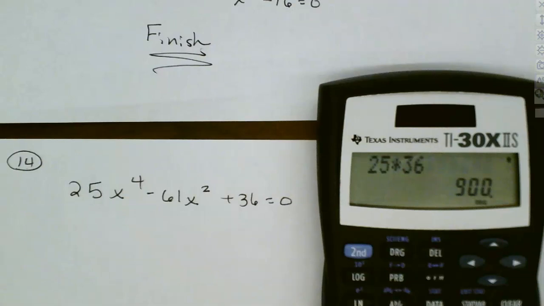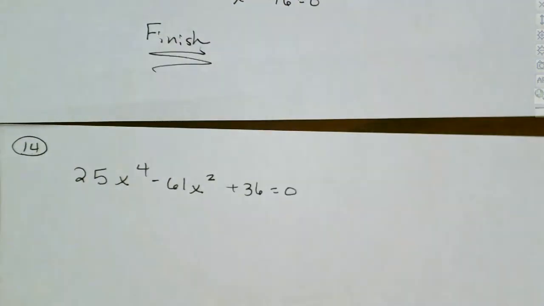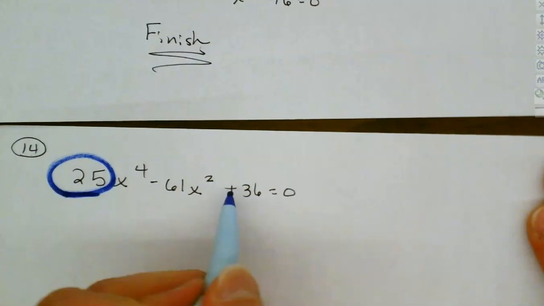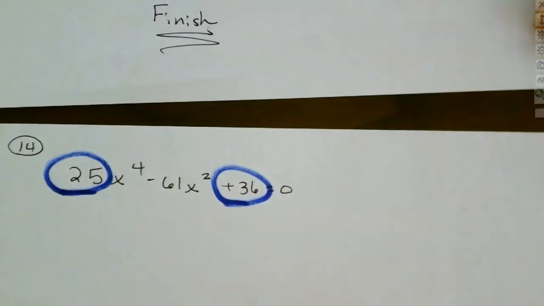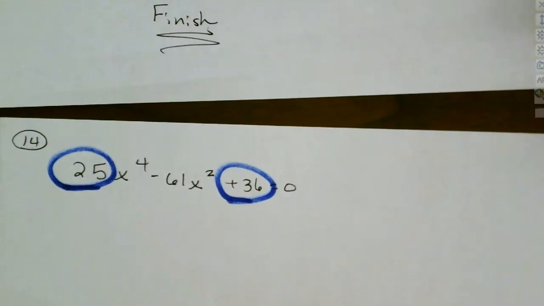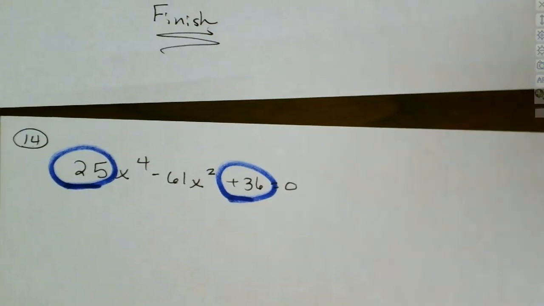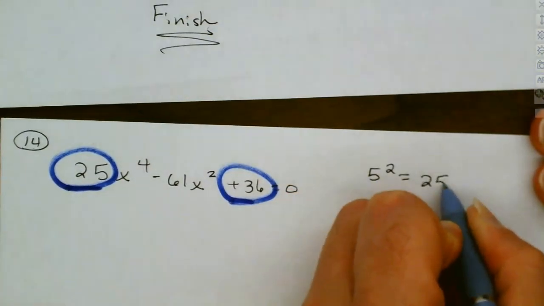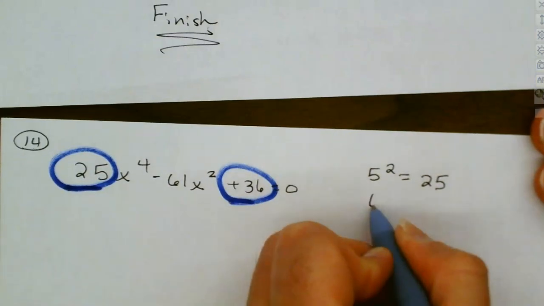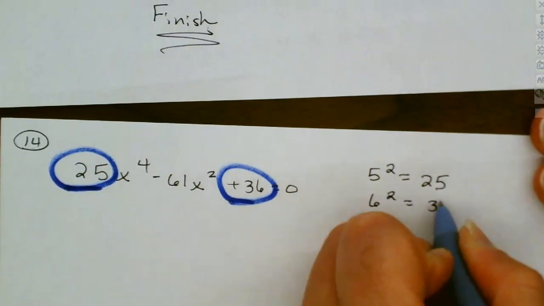Now, there is an easier way. When I look at this question, and I look at the beginning and the end, and I look at a 25 and I look at a 36, those are special because they're both perfect what? Perfect squares, right? Because 5 squared is what? 25, and 6 squared is 36.